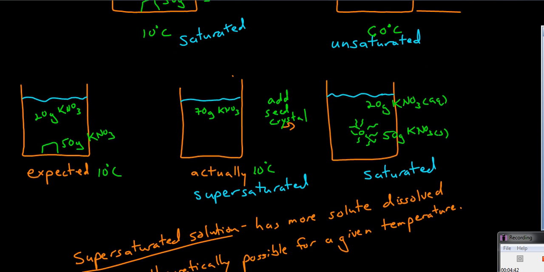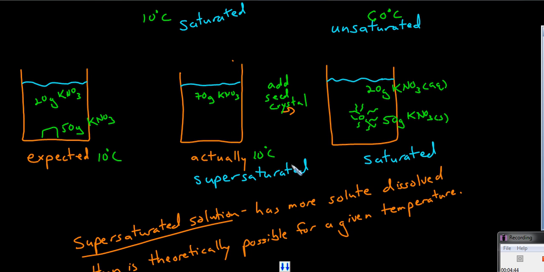One of the ways of getting back to the theoretically possible saturated condition is to add a seed crystal, which provides some surface on which the potassium nitrate can crystallize. This potassium nitrate remains dissolved. It doesn't crystallize out because there are no surfaces to crystallize upon.